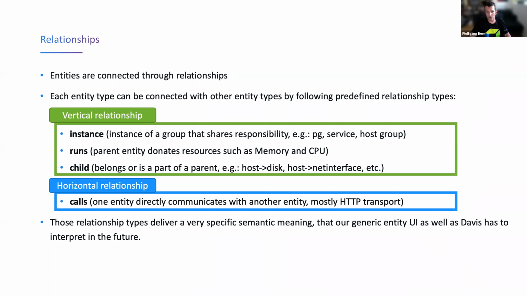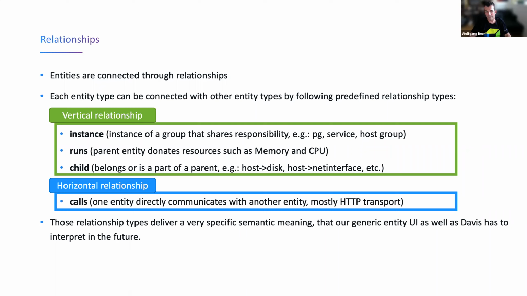And on those vertical stacks, we have the relationship instance. So a service instance is an instance of a service, a process is an instance of a process group, a host is an instance of a host group, and so on.